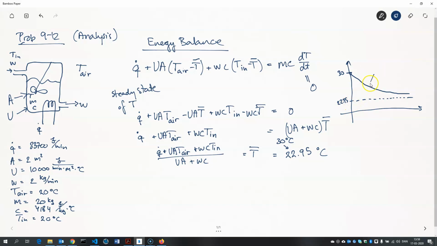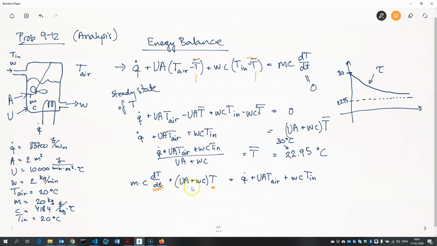If I want to know how fast this process goes, then I have to calculate the time constant, or the characteristic time of the system. In order to do that, I'll have to bring my energy balance into what we could call standard form. So there we are. What I did is I took the terms that involve T, so that's the derivative here, and the function itself, here and here, not with the bar over it.